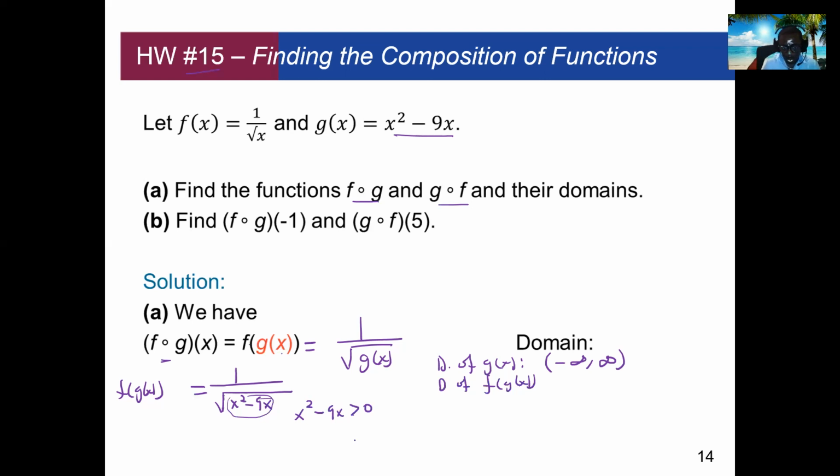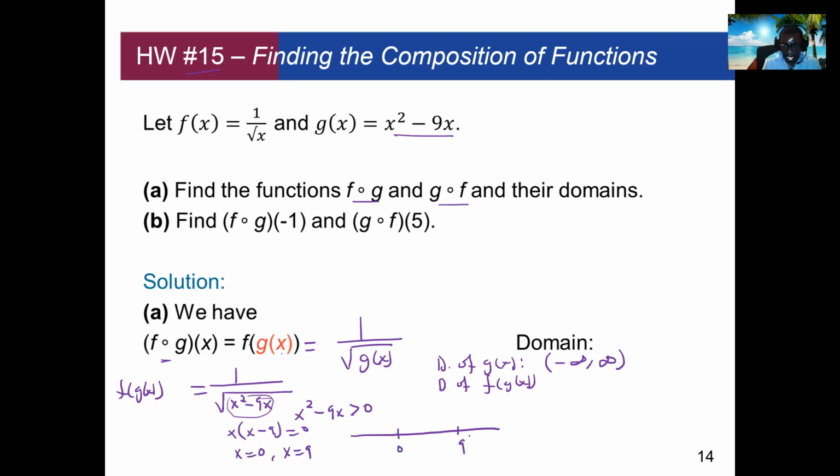Okay, now this is where we first factor this. You factor x, you get x minus 9. Just set it to 0, and so forth. You want to know the values of x in that inequality. So you have x equal to 0, and then x equal to 9. Okay, so then you have a number line where this is 0 and this is 9.